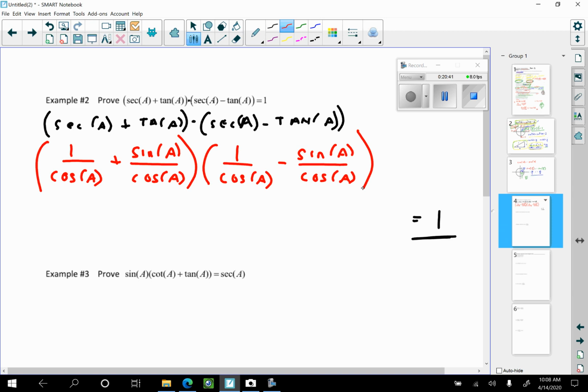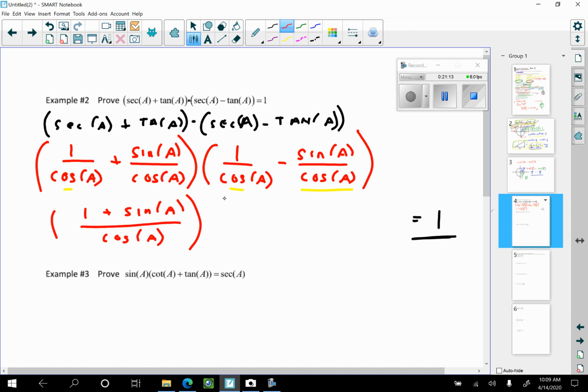And I'm going to demonstrate one way. All right, so what's the first thing I'm going to do here? Hey, I have addition of fractions, which is pretty nice because both of these fractions have the same denominator. So I'm going to add these fractions here. And this is going to be 1 plus the sine of A over cosine of A. Times, and I'm going to do the likewise here. They both have the same denominator.